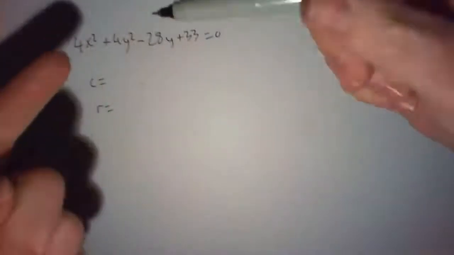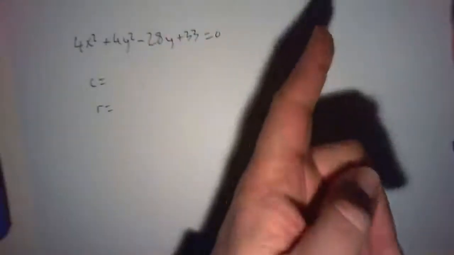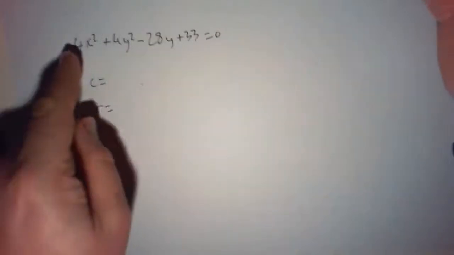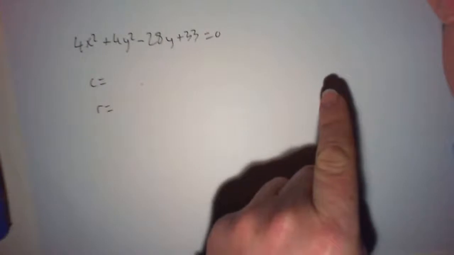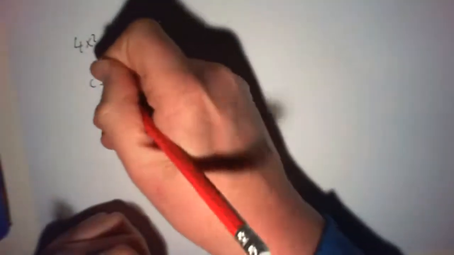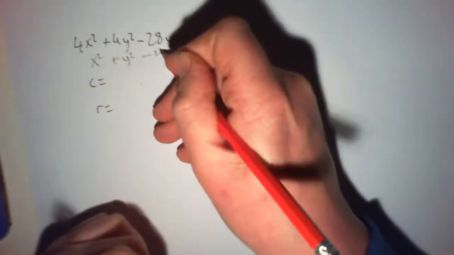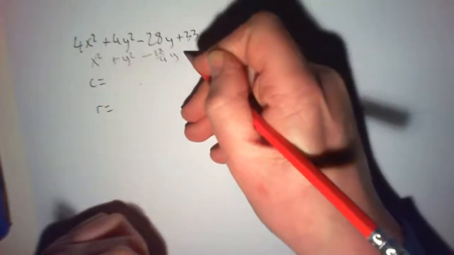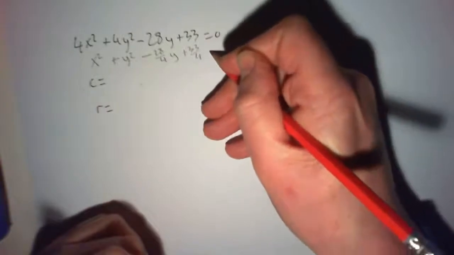If you remember back to our very first video on this, where we did x squared plus y squared equals r squared, if there was a coefficient in front of the x and y, you could just divide it across to get it to the form you needed. So what we're really looking for is x squared plus y squared minus 28 over 4y plus 33 over 4 equals 0. That's the form we wanted.